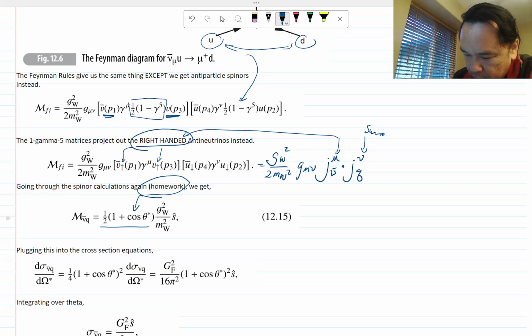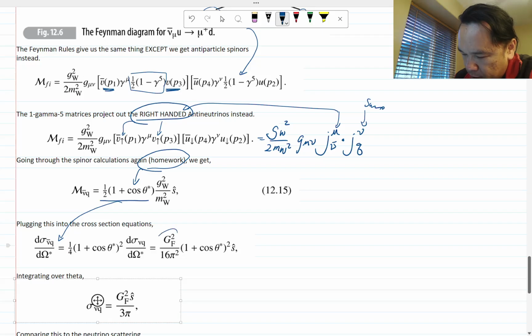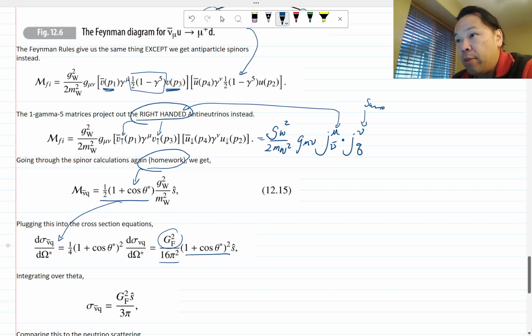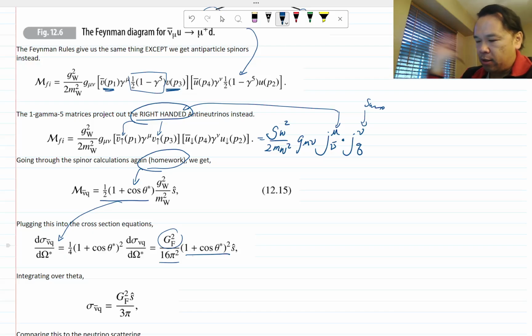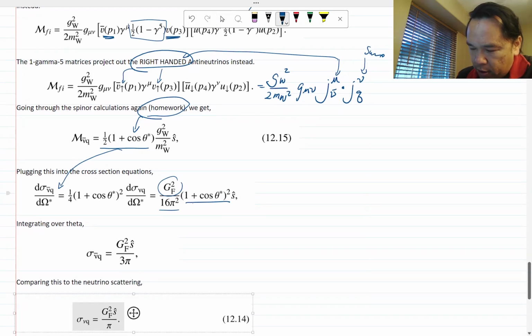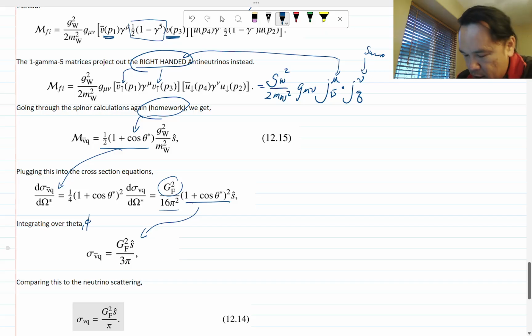When you plug this matrix element into our cross-section calculations, you end up with basically G Fermi squared over 16 pi squared, but then you have this (1 plus cosine theta) squared dependency. So it has an angular dependency when you're scattering antineutrinos instead of regular neutrinos. If you integrate this over phi and theta, instead of getting just G Fermi squared over pi, you're going to get this extra factor of 3 on it.